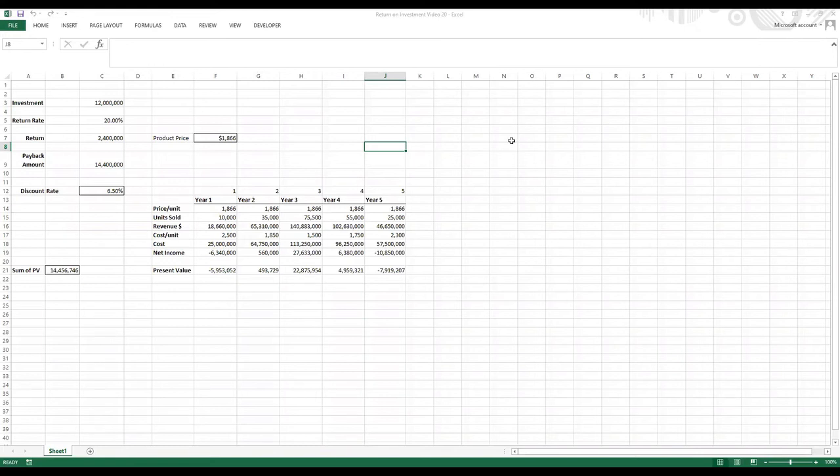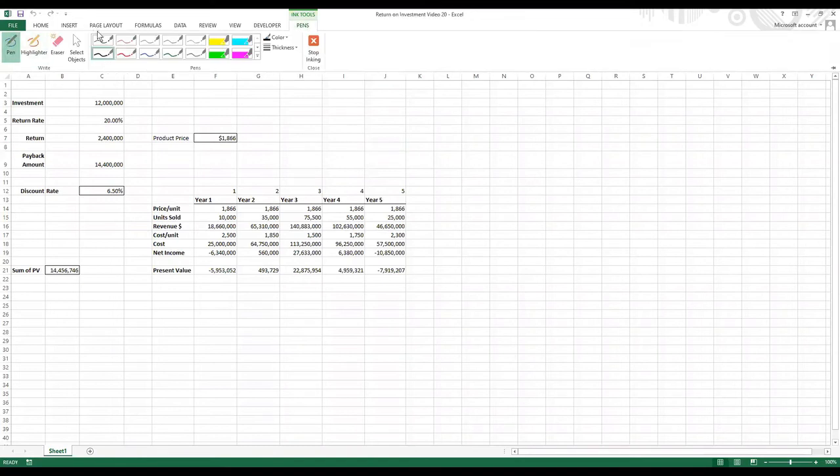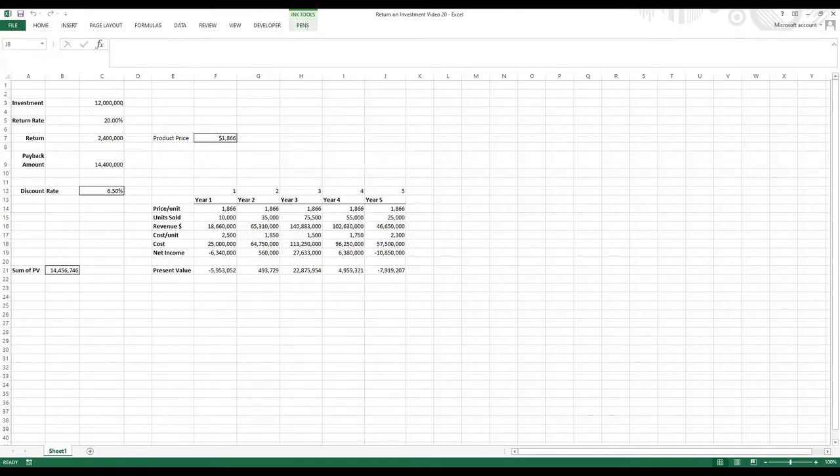So this is how we can set up an Excel spreadsheet to help us do the calculation of what price is required to generate a present value of net income that's equal to our investment and to our return. And so the way we go about doing this is to, first of all, set up a cell where we list our investment amount, in this case, $12 million.